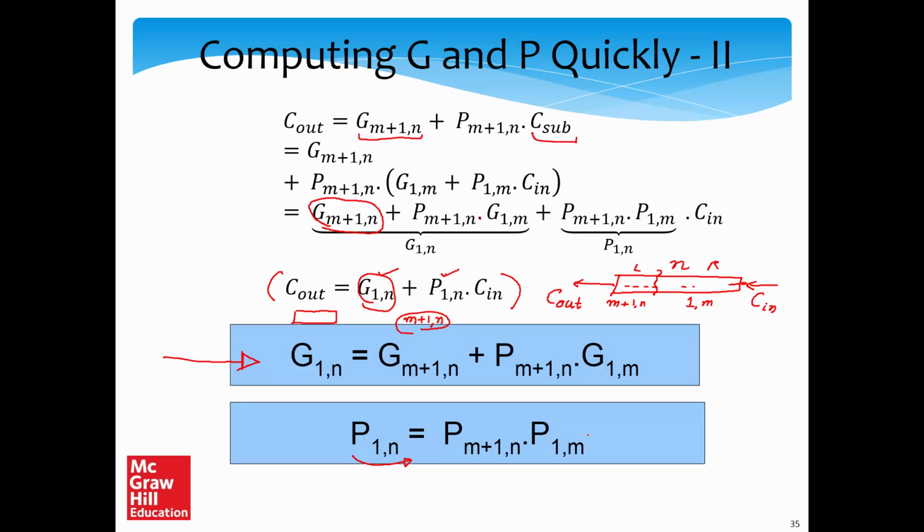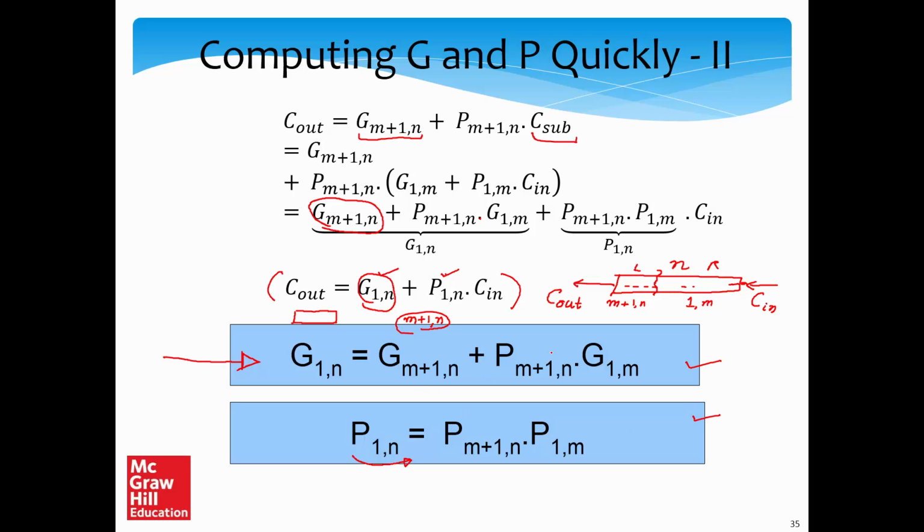The problem we wanted to solve is: given an n-bit block, can we represent its generate and propagate functions in terms of the generate and propagate functions of the different subblocks, the left one and the right one? We were able to do that, and these are the two equations.